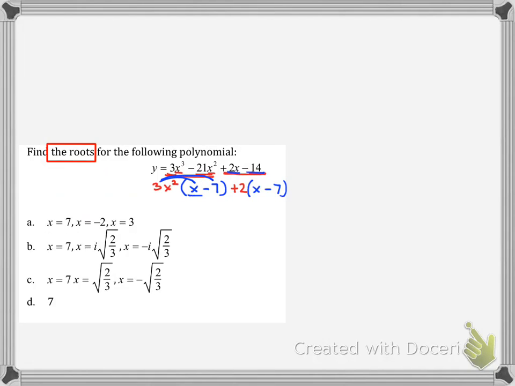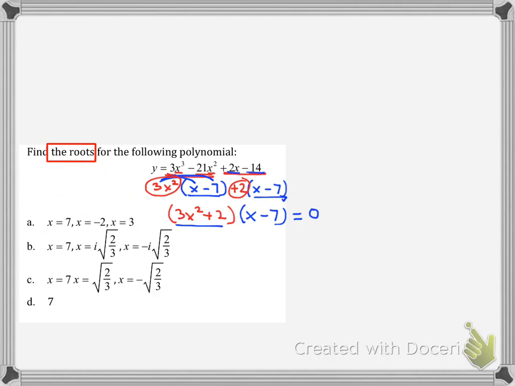If you notice, this one should always be the same. I'm now going to group my 3x squared and my positive 2, and my x minus 7 only once. I need to find the roots, so I'm going to set it equal to 0.